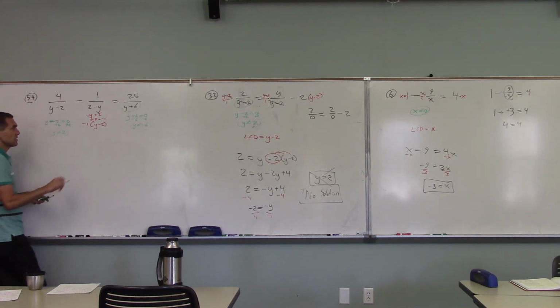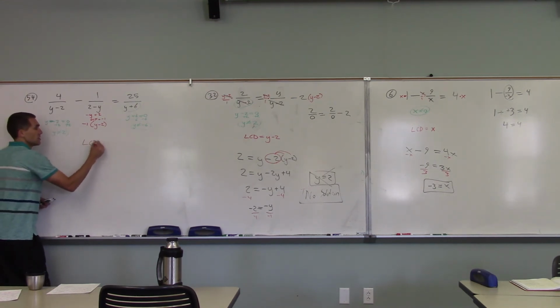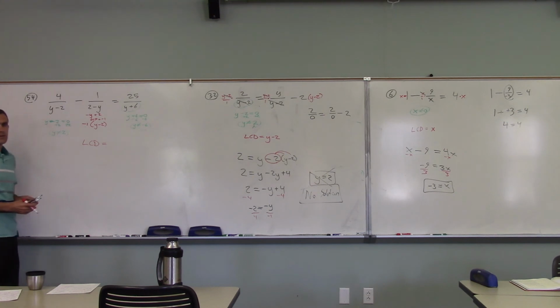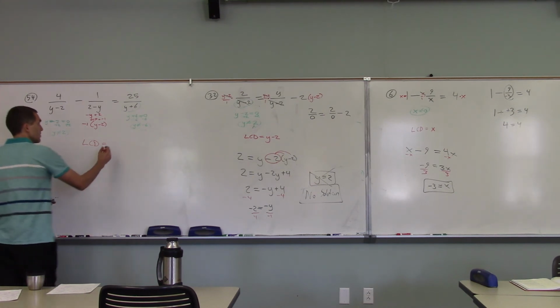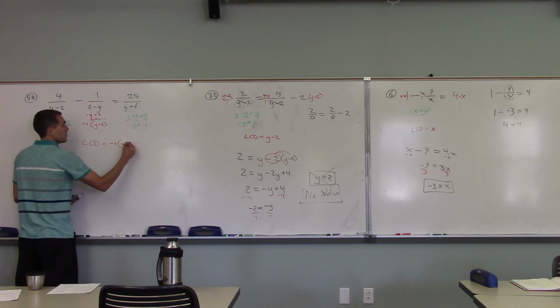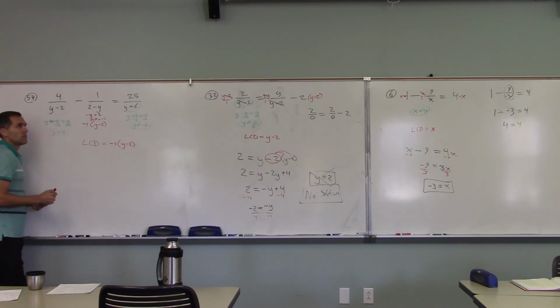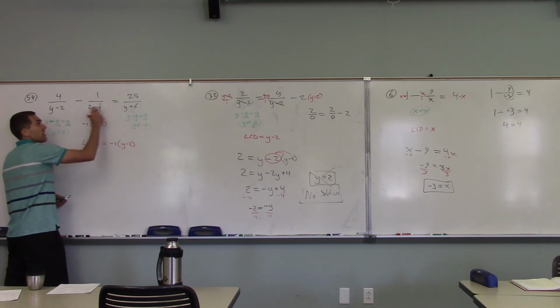So what's our LCD? Negative 1 times y minus 2, times y plus 6. You gotta cancel out everything, right?